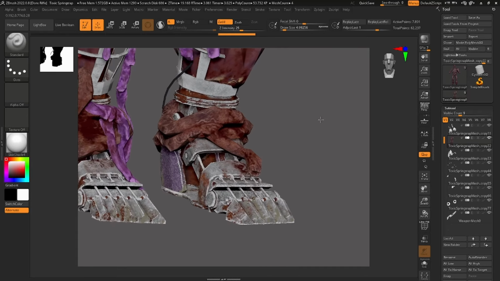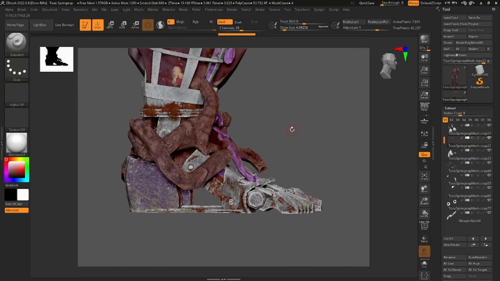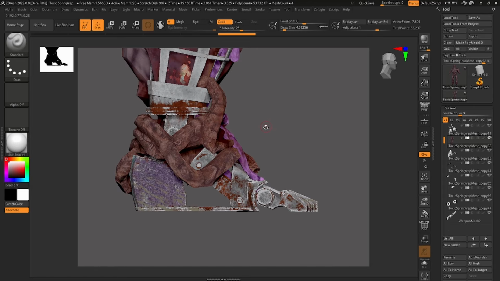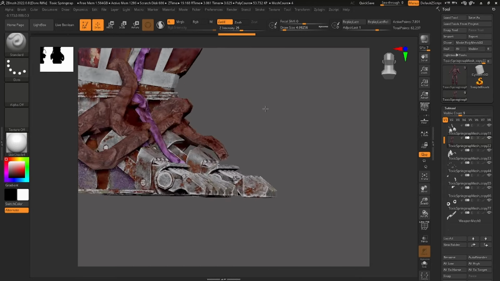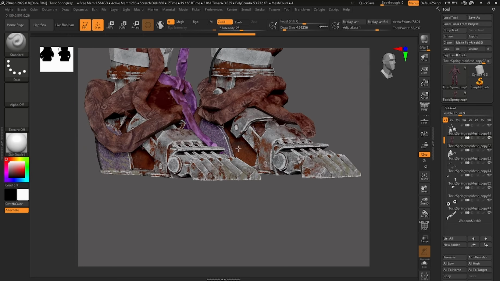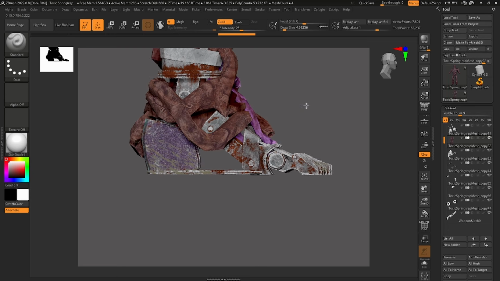Compared to default Springtrap, there's really not much difference in his feet other than there's a purple tint to the metal.